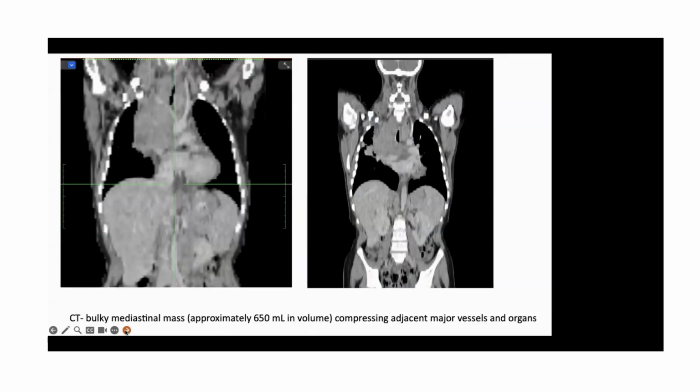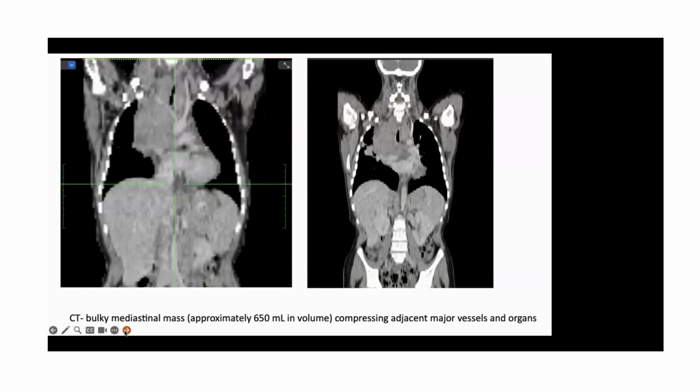Initially, an X-ray was done and also a CT later on, which showed, as you can see here, a bulky mediastinal mass, with a volume of more than 600 milliliters. And you can see here that it's compressing the adjacent major vessels and organs.